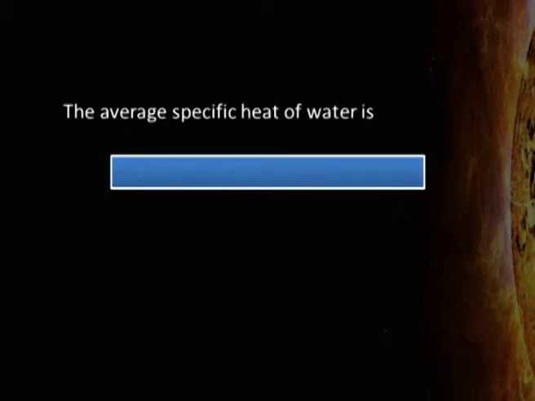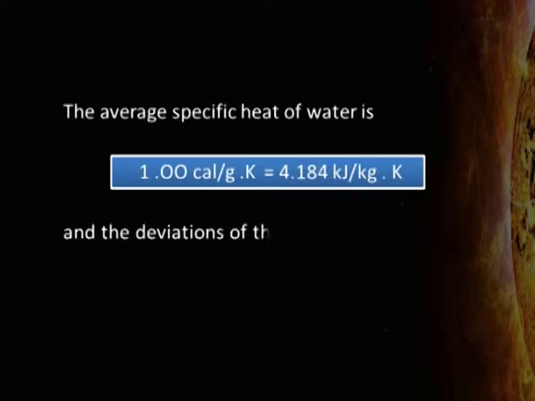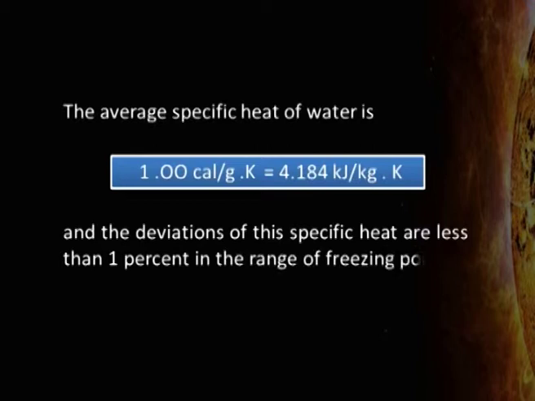The average specific heat of water is 1 calorie per gram per Kelvin, which is also equal to 4.184 kilojoule per kg per Kelvin, and the deviations of this specific heat are less than 1% in the range of freezing point to boiling point.